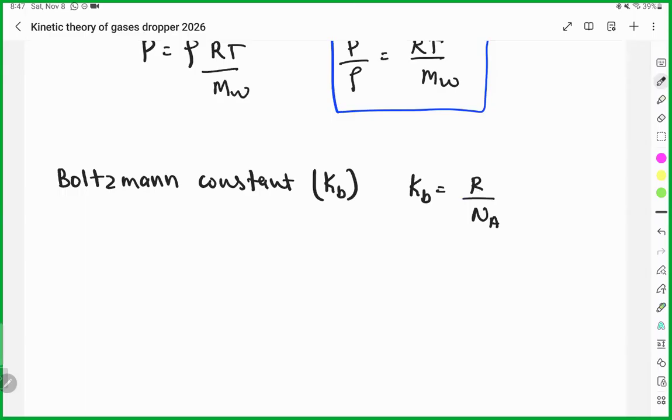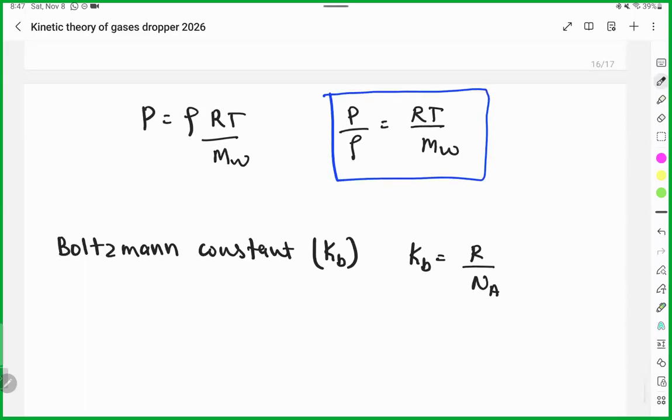Yes, sir. And if you write like this, so can you say R by the number of molecules? Can you write like this? K_B T by the mass, right?